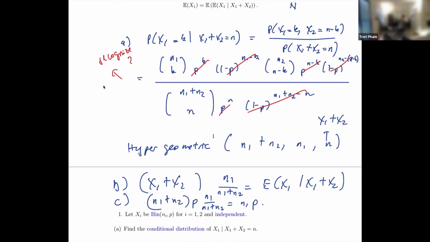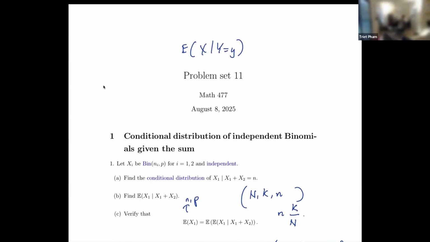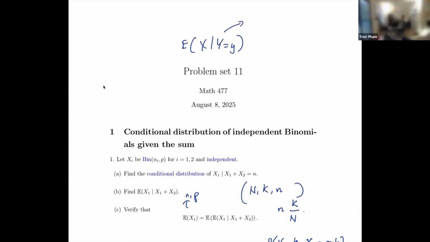How you understand it is actually pretty simple. For example, if you understand the expectation of x given y equals little y, let's say you say yes, I understand what that is. To be even clearer, let's say this is a dice toss and this is your GPA.